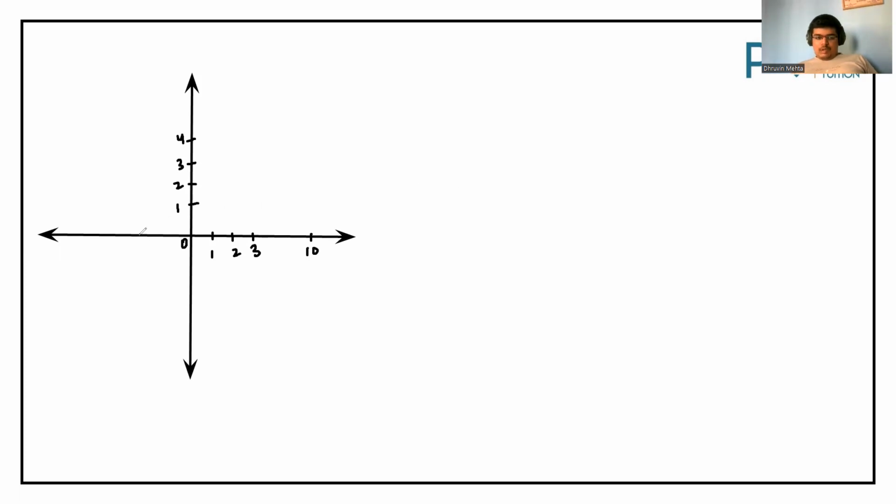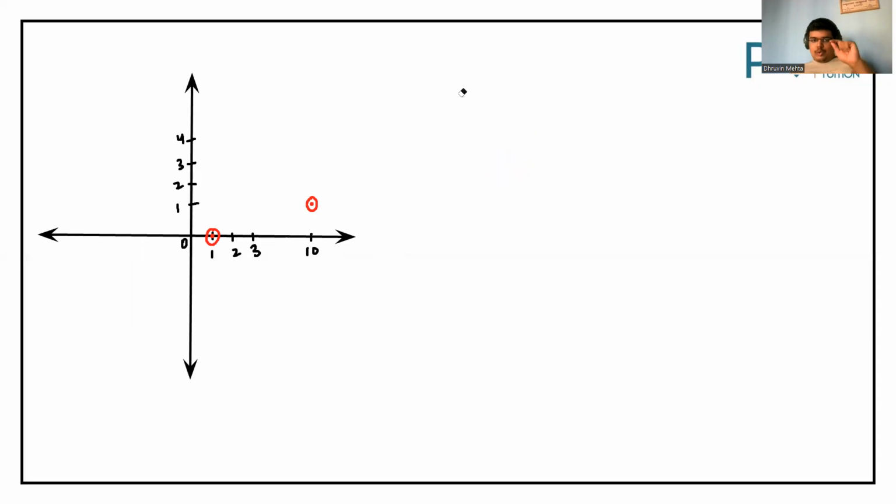Which means the graph is never going to enter this region, because when x is negative, y has no answer. Now what is log of 1? Log 1 is 0, so this is one point. What is log of 10? Log of 10 is 1, because it means log of 10 to the base 10. So that is 1.